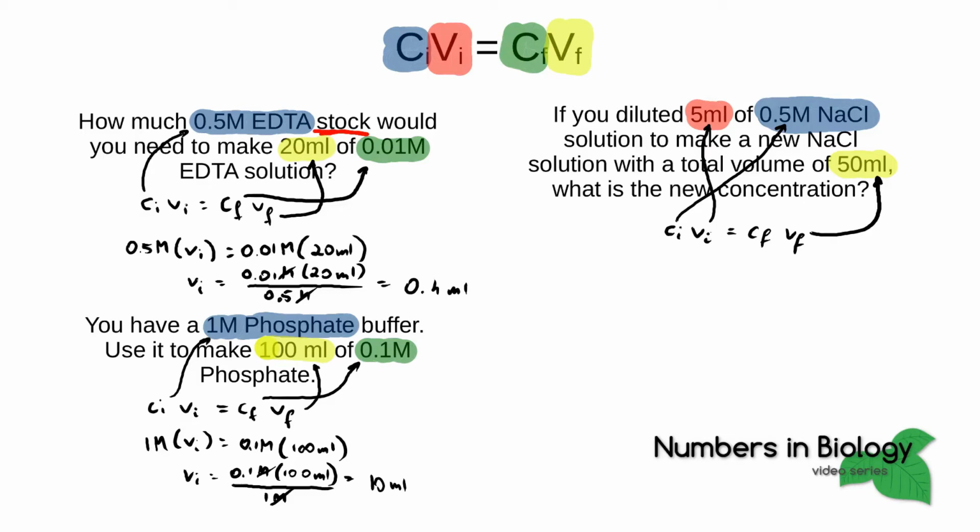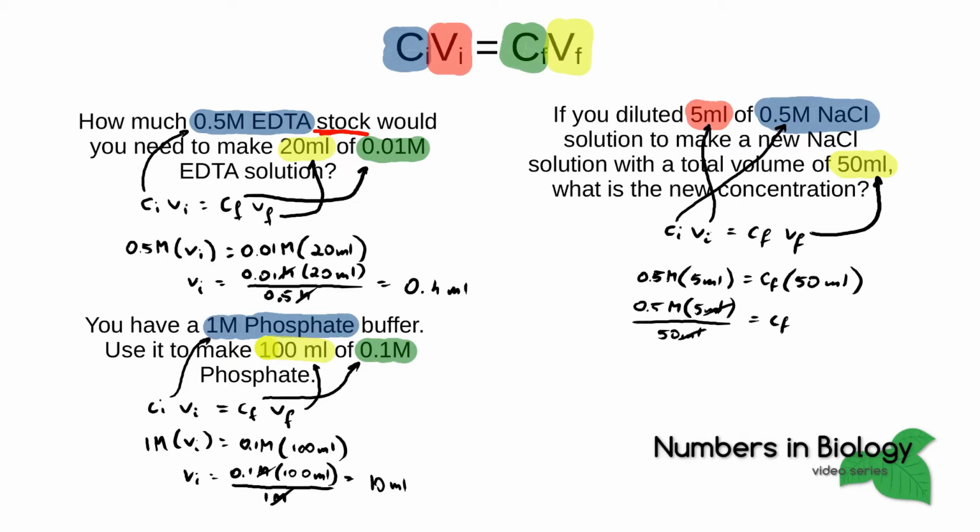Okay, so let's plug these numbers in. So we're going to go with 0.5 molar times 5 milliliters is equal to CF, which we do not know, times 50 milliliters. So we're going to solve for CF this time. I'm just going to leave these numbers on this side, 0.5 molar times 5 milliliters, and divide that by 50 milliliters is equal to CF.